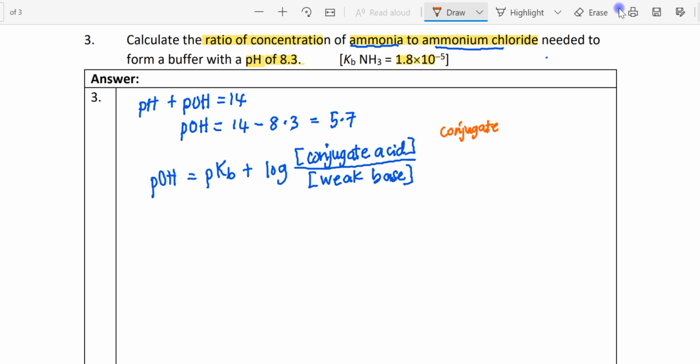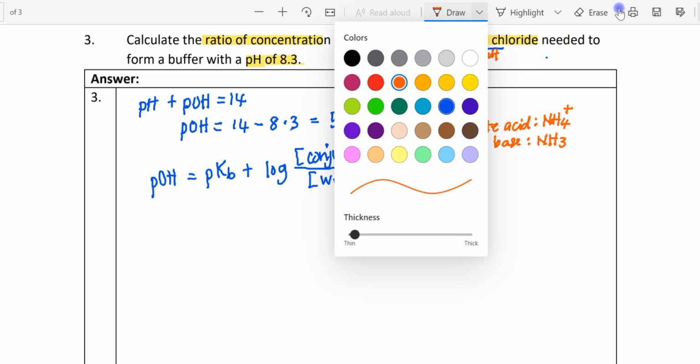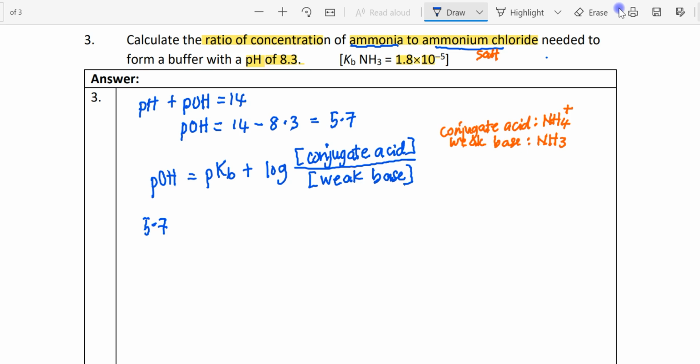The conjugate acid here is the ammonium ion that comes from the salt, and the weak base here is ammonia. Then you substitute all the values: pOH, and the value of pKb. P here stands for negative log. So Kb is 1.8, with the concentration of the conjugate acid NH4 plus over the concentration of NH3.